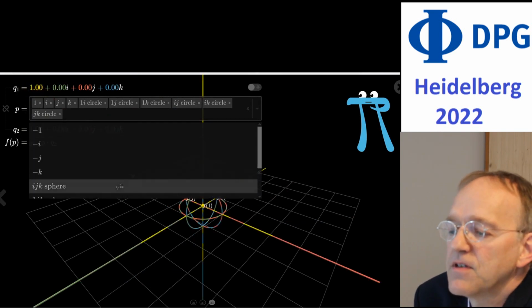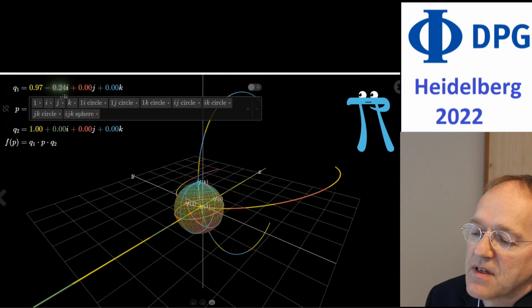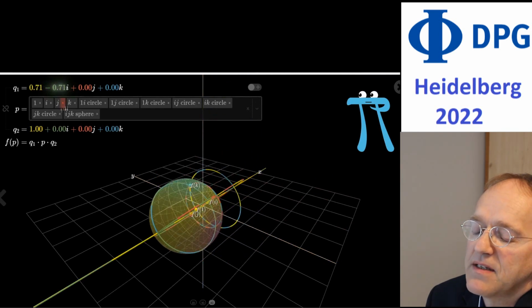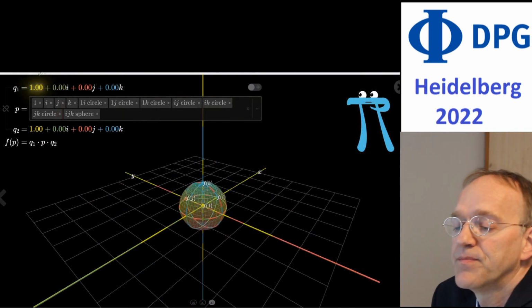So let's add a sphere just to show some nice pictures. Look at how this sphere transforms. Sometimes it transforms into a plane, if I do a multiplication for 2 pi.